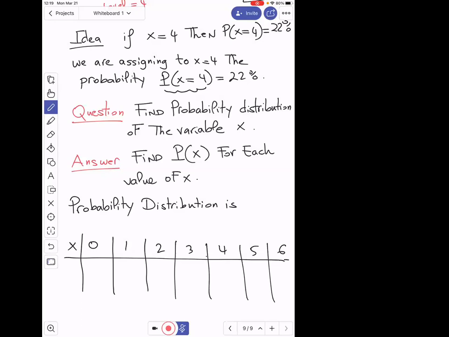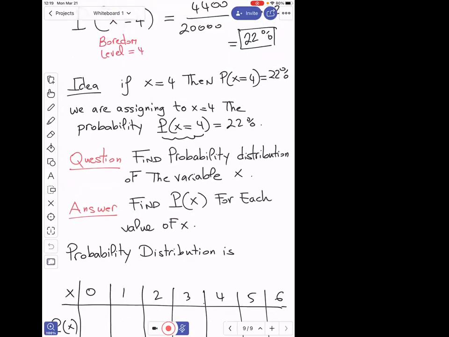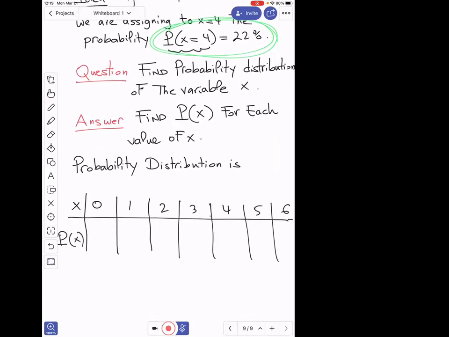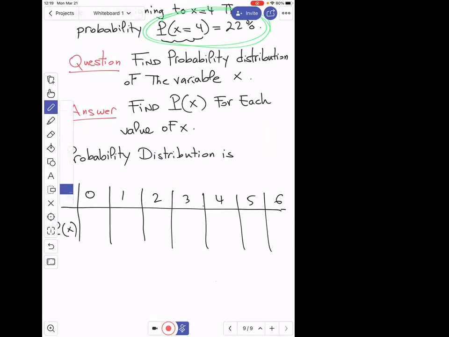In the next row, we have the probability of x. For example, if x is 4, the probability that x is 4 is 22%, so in my probability distribution I'm going to put 22% when x is 4.